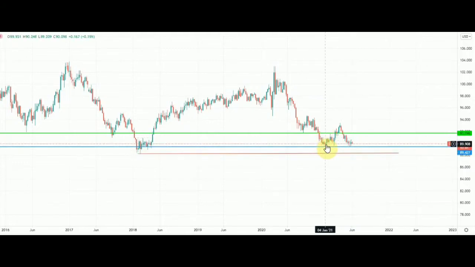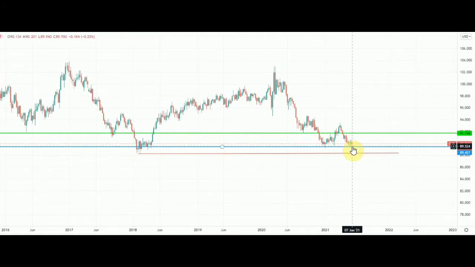Previously also, when this price came to this December end, it started to get support from this zone, and throughout the months of January and February it was hovering around this zone. After that there was some kind of bounce back, and then again it started to fall, and presently it is exactly at that level.